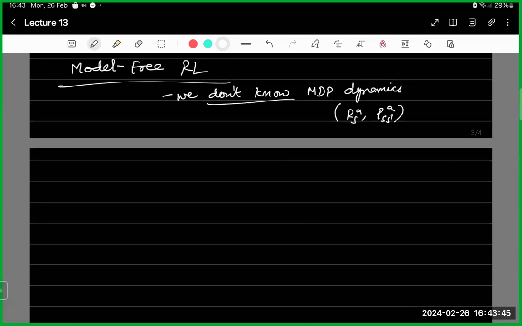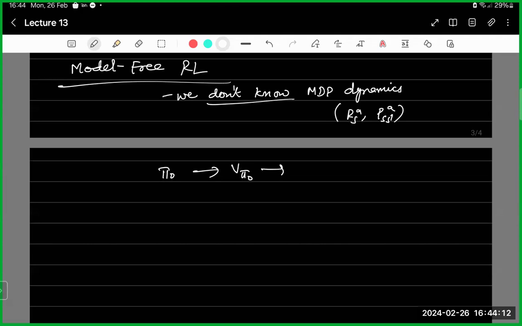So now, just like how we have done in policy iteration, roughly what did we do in policy iteration? We started with some policy pi naught. We understood what is the value of that policy. Then we improve that policy, right? So there are mainly two steps.